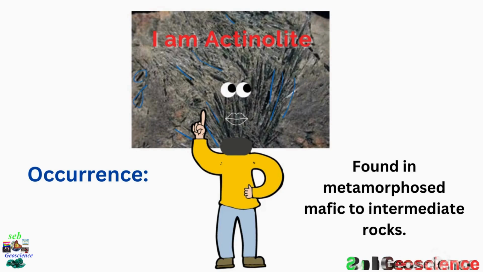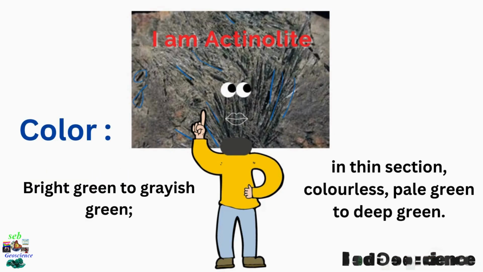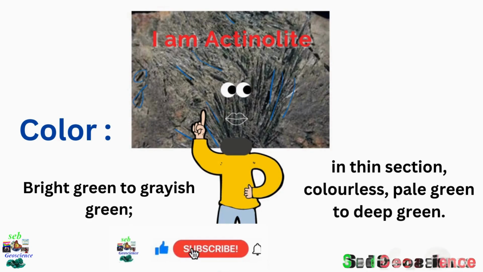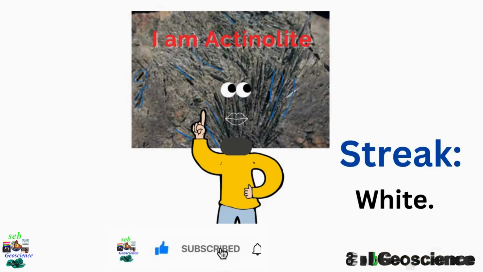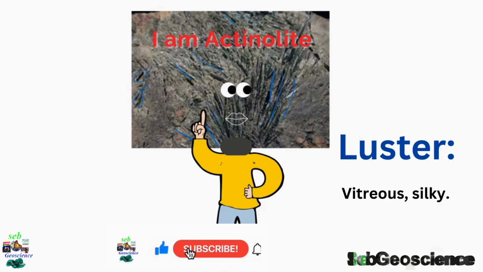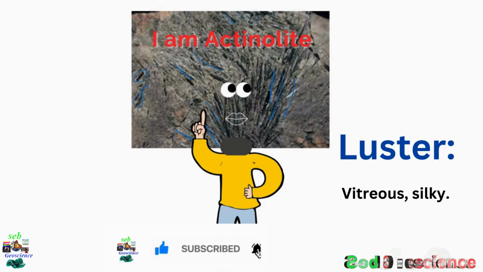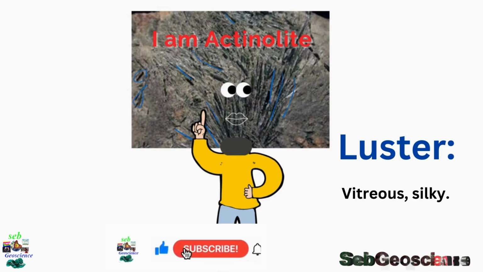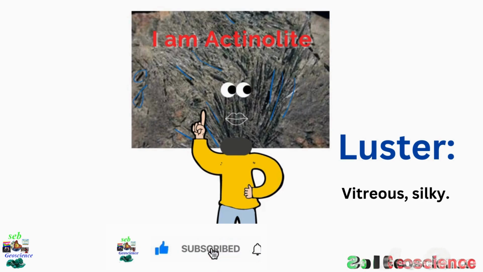The color is bright green to gray-green. The streak is white. The luster is vitreous to silky, and it is elongated. We have seen here it is elongated and brownish green, with a circular structure. This is Actinolite.